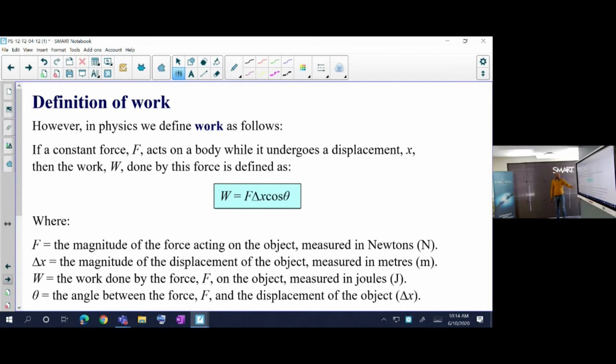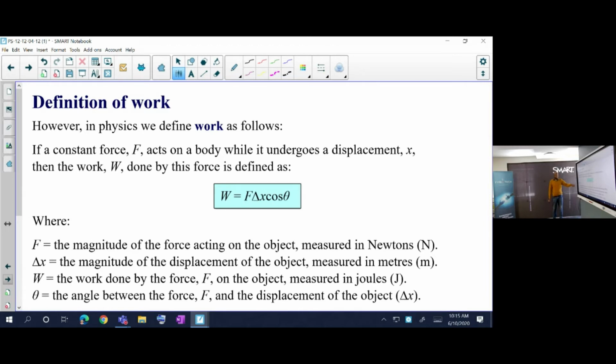Okay, as you can see here, we tried to show you what these letters represent. We have F, the magnitude of the force acting on the object. Don't forget that because it's very, very important. In each and every exam, they can just give you a question: what is the unit of W?